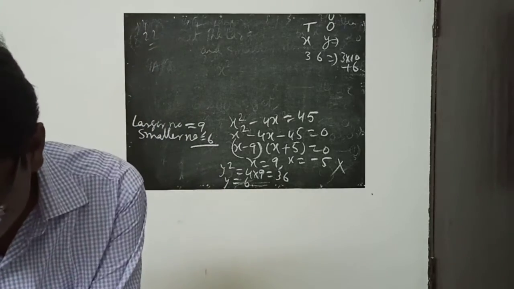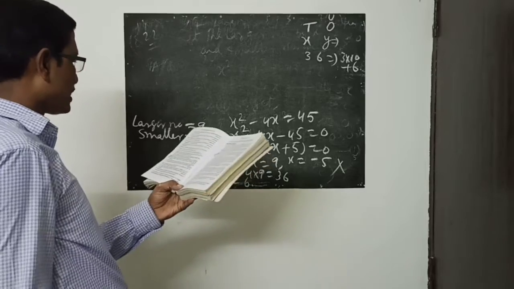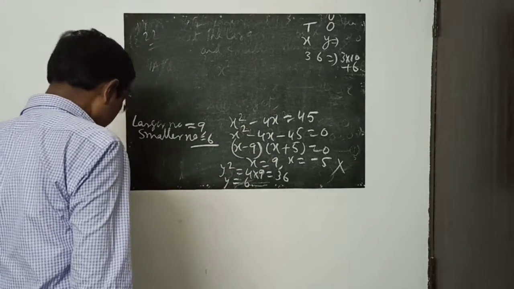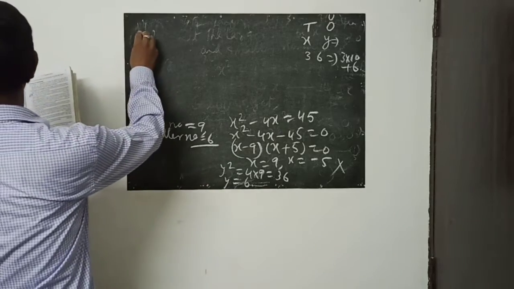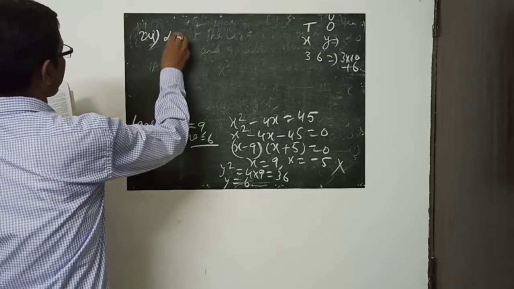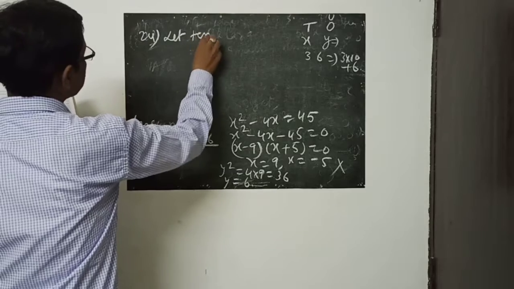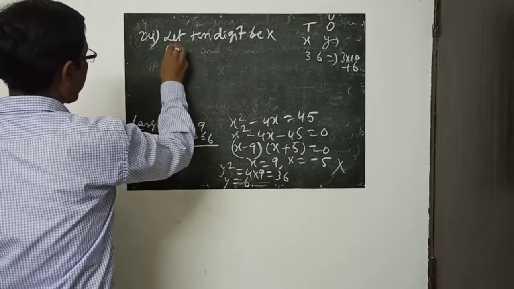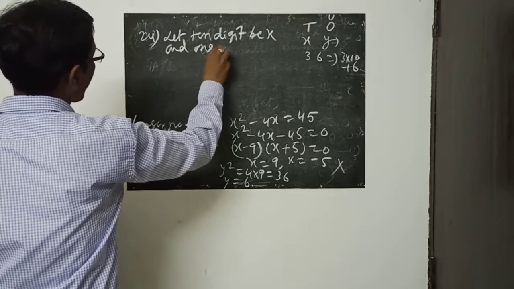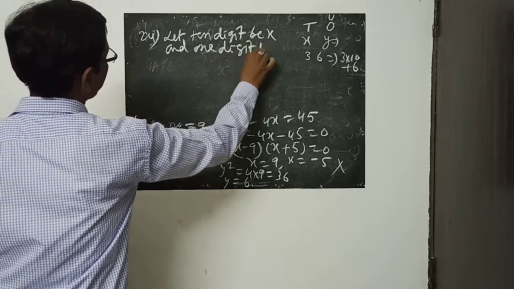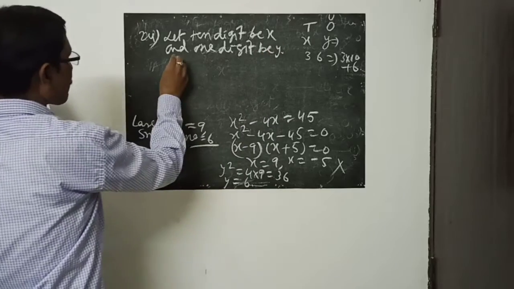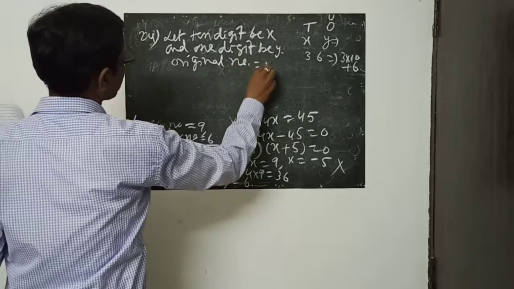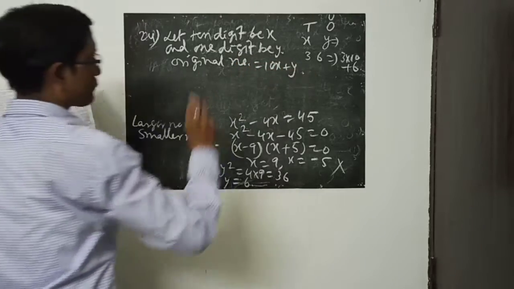So like this one, look at the question: a 2-digit number is 4 times the sum of its digits. Let the ten's digit be x and the unit digit be y. Therefore, the original number is equal to 10x plus y.